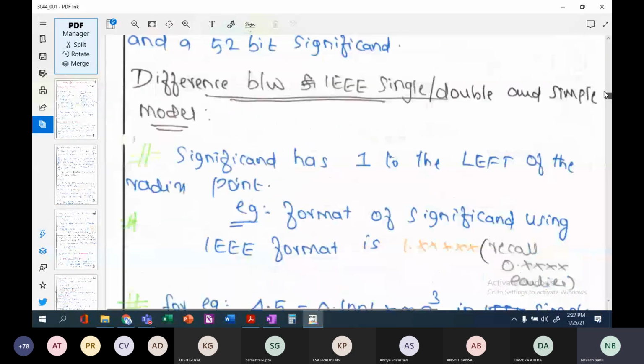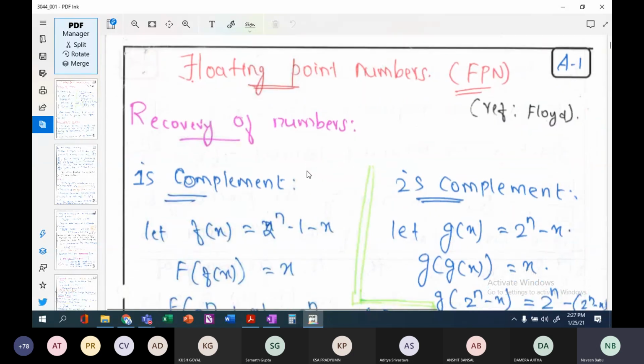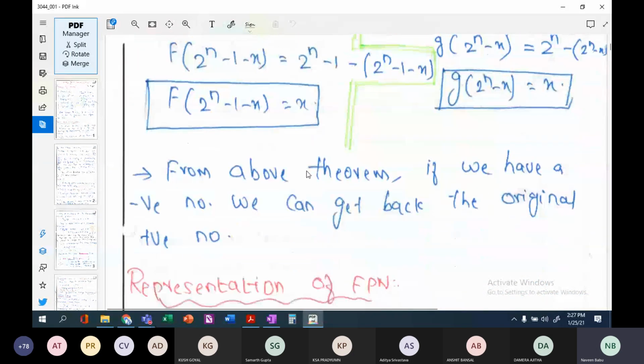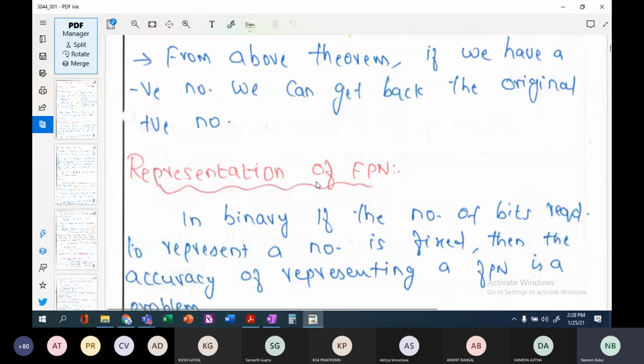What is this? These are floating point representations, right? What is a floating point representation? If you are very good at programming in C, C++ or even Java, you must know how your computer treats floating point numbers. What do you mean by floating point numbers?